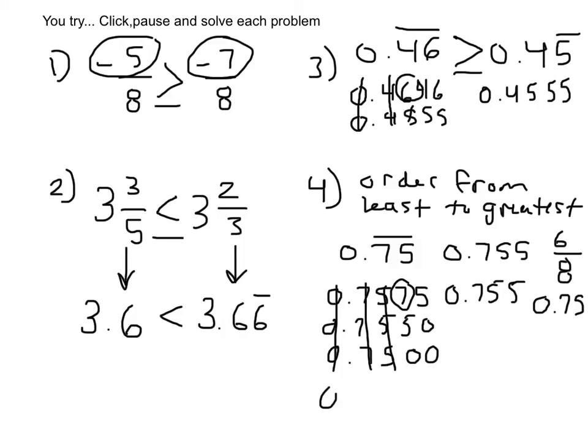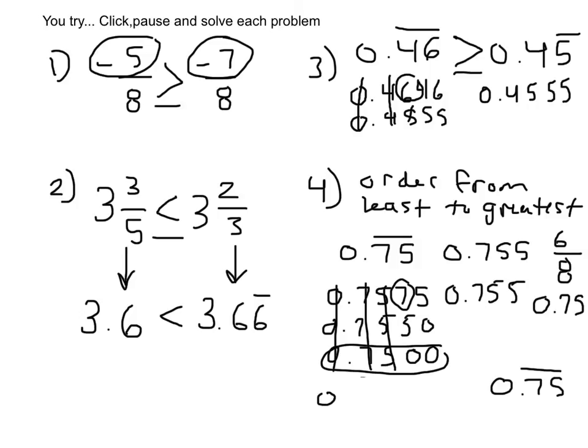So 0.75 repeating 75, oops, I should write that one on the left. Let me erase that. 0.75 with the repeating 75 is the biggest number. The smallest number is this one because it has a 0.